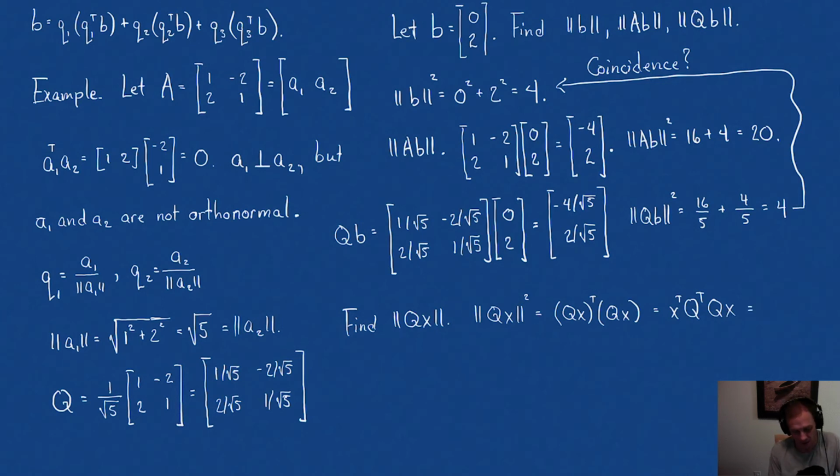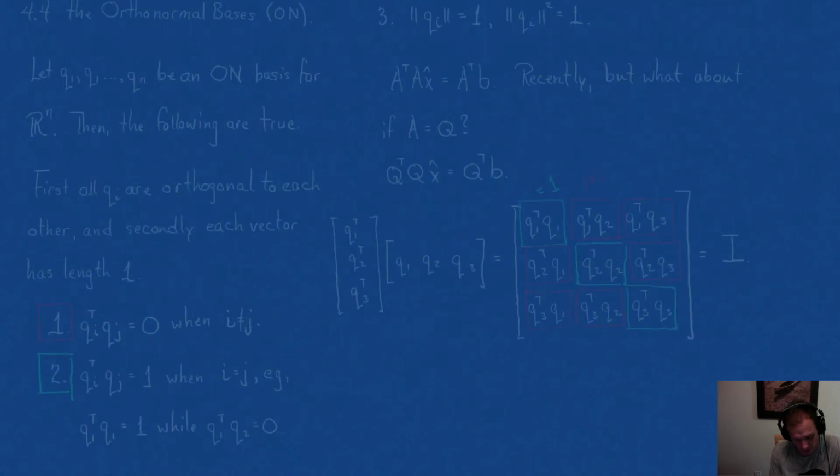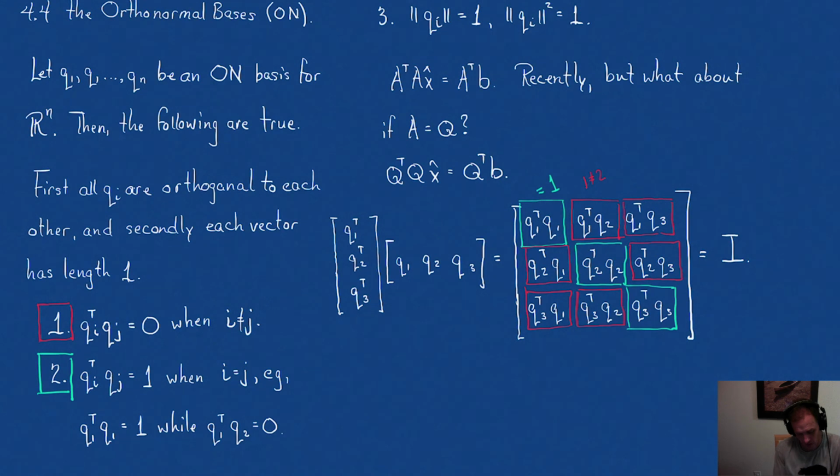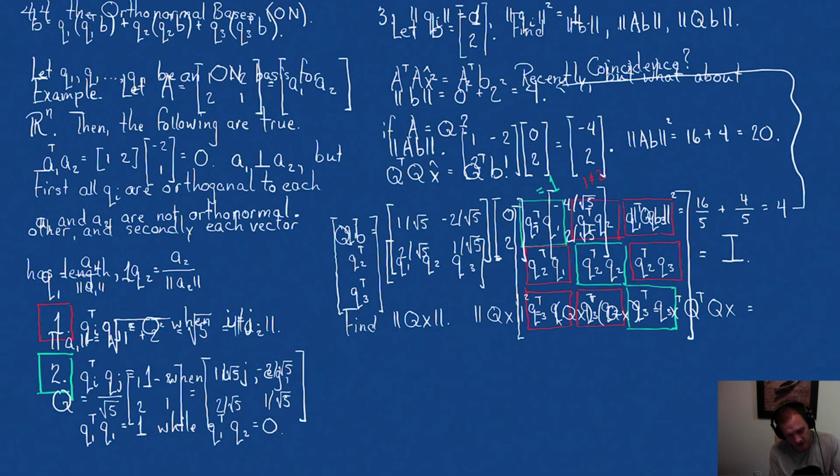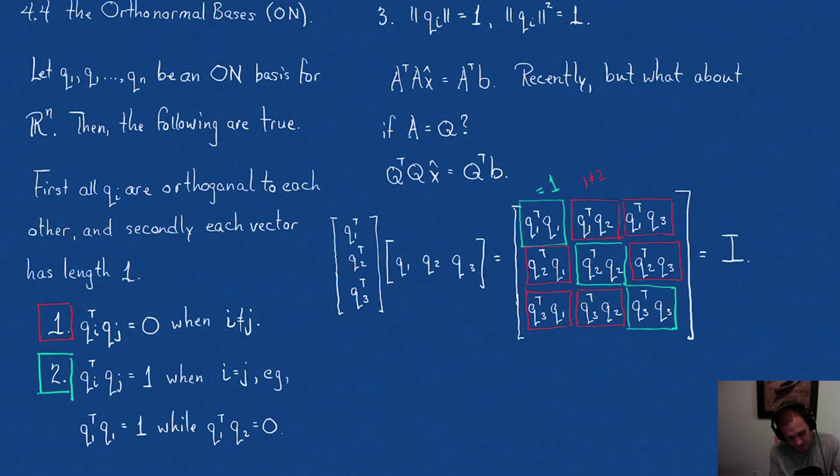Okay, here we go. Let's turn the screen down for a moment. Q transpose Q, let's see if I can dig that up. Q transpose Q, what did we get? Oh, there it is. Q transpose Q is right here. I maybe didn't make it clear enough. There is Q transpose Q, and we said that it just equals the identity.